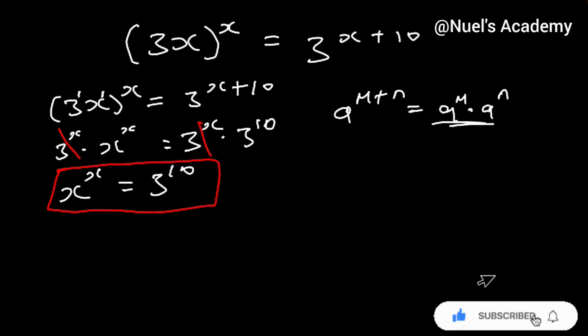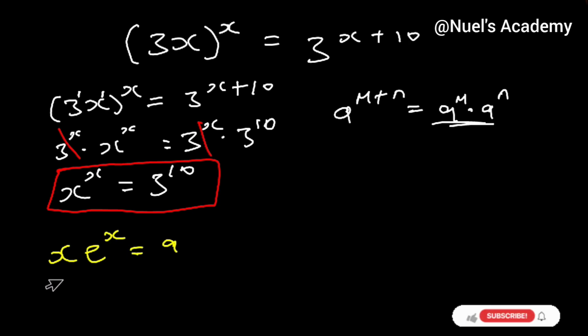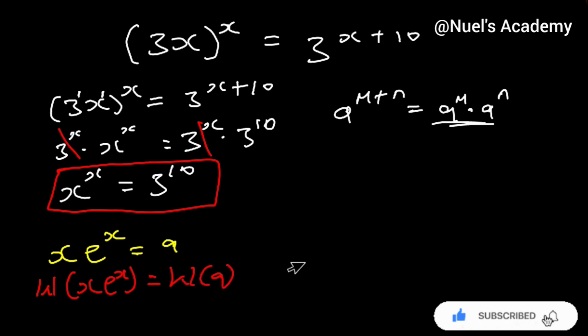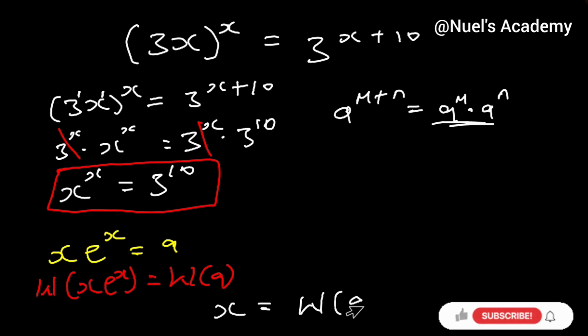The Lambert W function states that if x e^x is equal to a, then you apply the Lambert W function to both sides of the equation, equal to W(a). When you do this, your x value will be equal to W(a), where a is a constant.